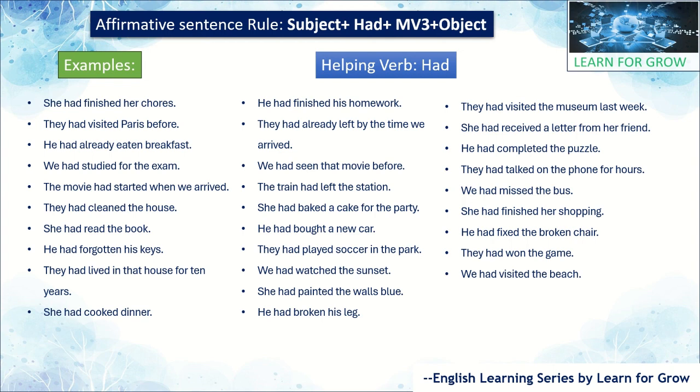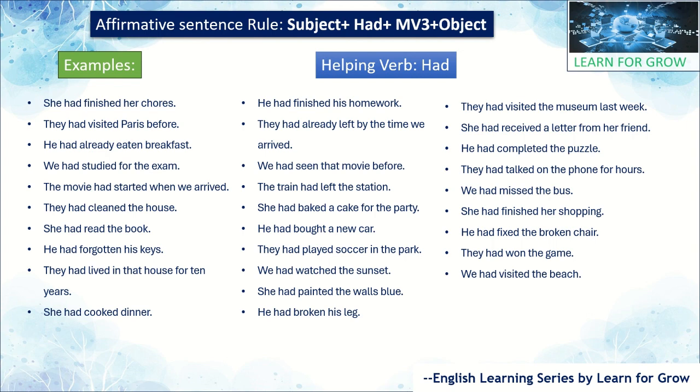After that, we use the main verb form three. As I said, go is the first form, went is the second form, gone is the third form. You have to remember it like that.